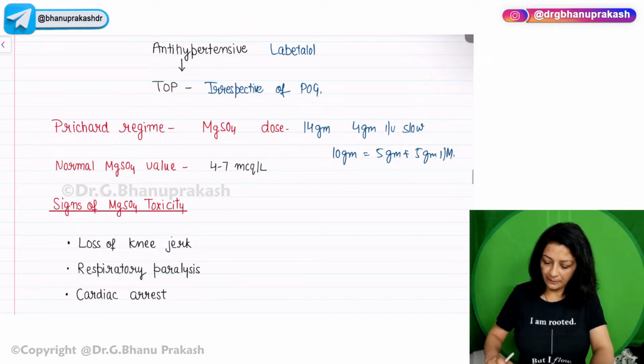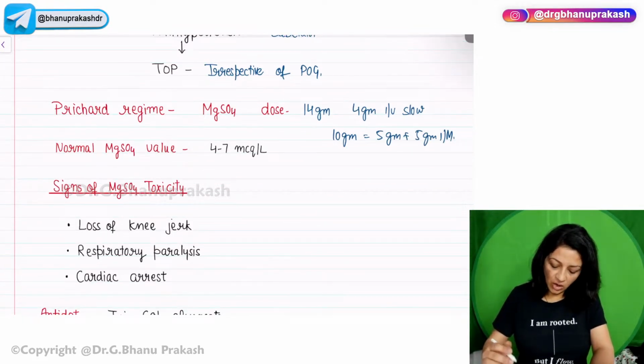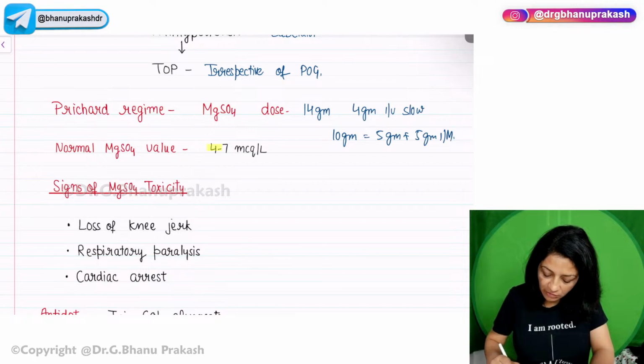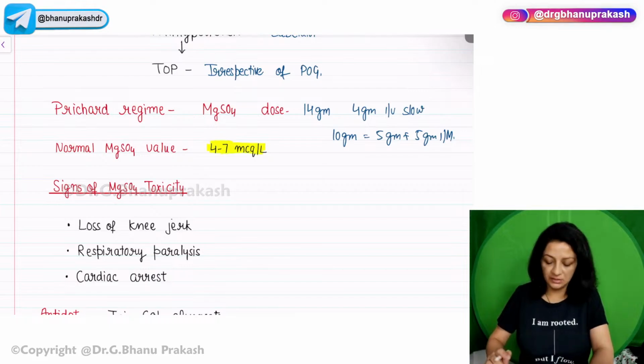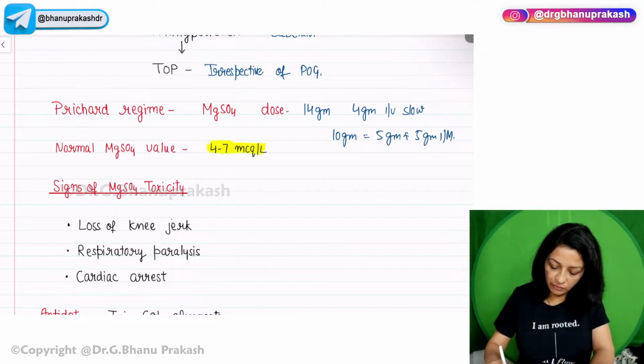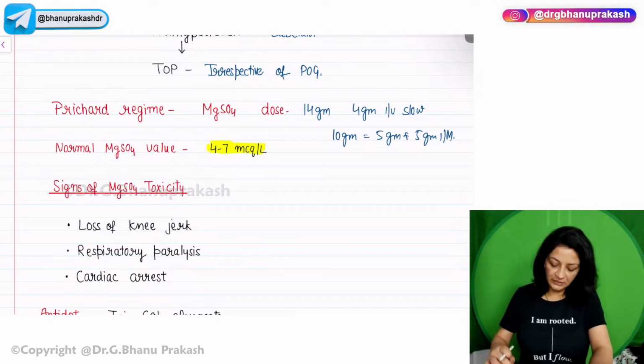And what is the normal magnesium sulfate value? Normal value कितना रहेगा? 4 to 7 milliequivalent per liter.